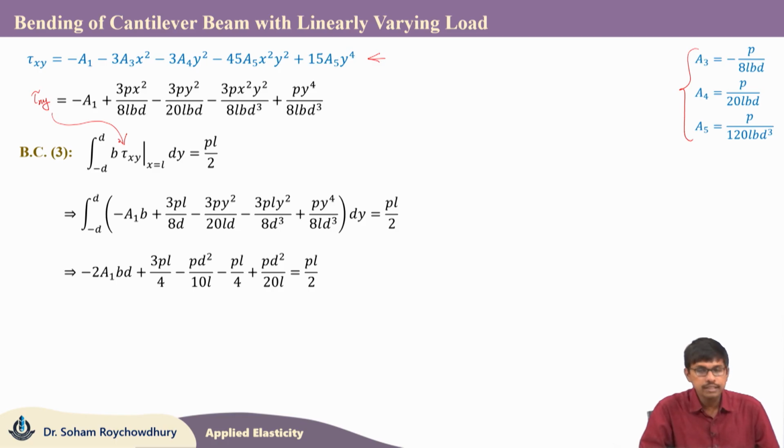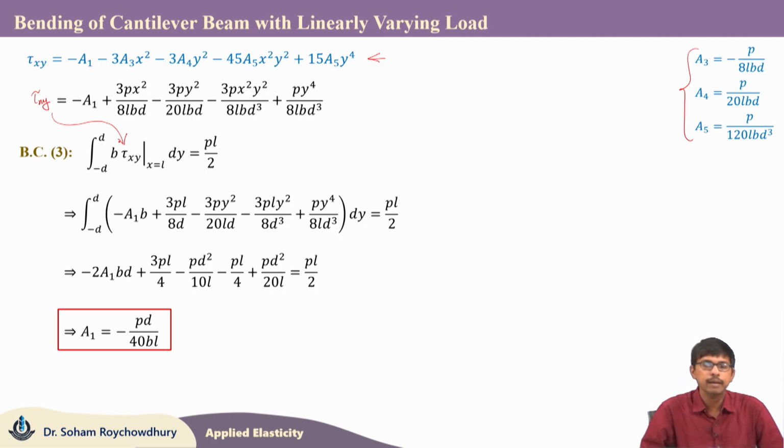Solving this, we get a1 to be minus PD by 40 BL. So, by using the third boundary condition, that is balance of the vertical shear force at the cantilever end, the net y axis force balance gives us this last remaining constant a1 as minus PD by 40 BL.